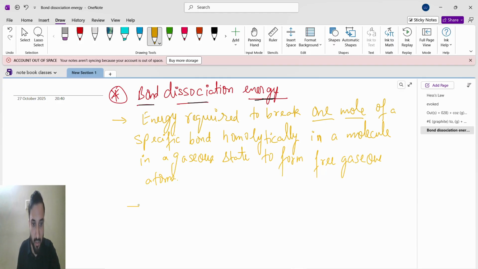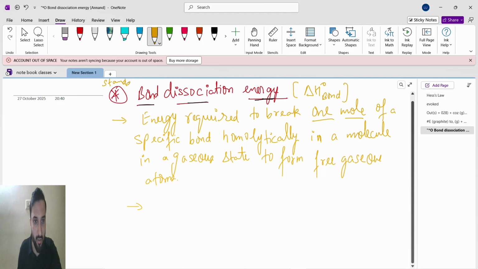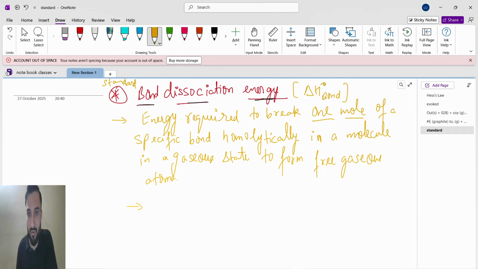Okay, so the bond dissociation energy, we will write it like this. Delta H bond. I will write it with the standard symbol, because this indicates the standard bond dissociation energy. Okay, means standard bond dissociation energy.